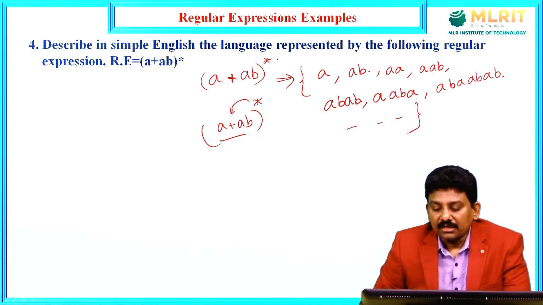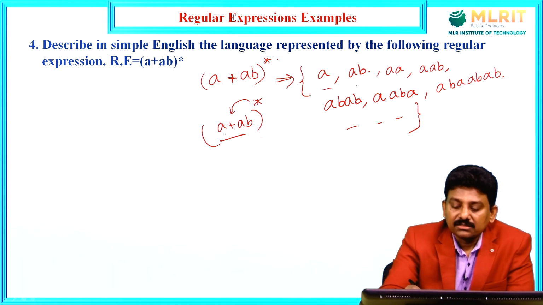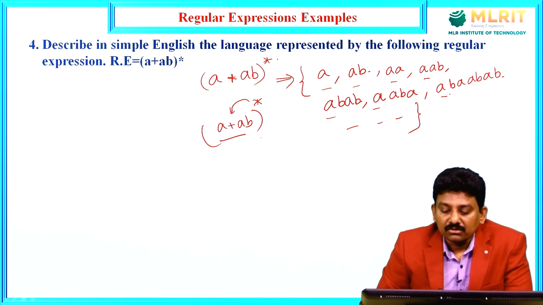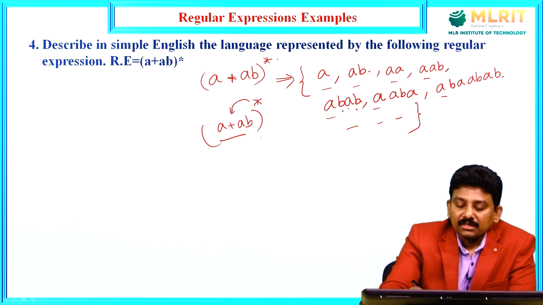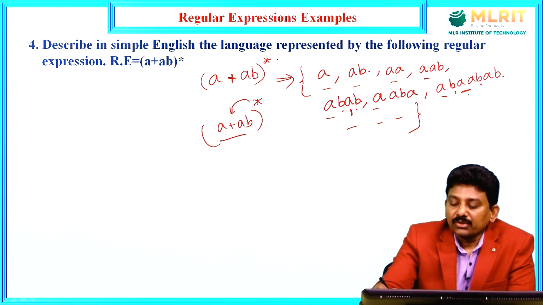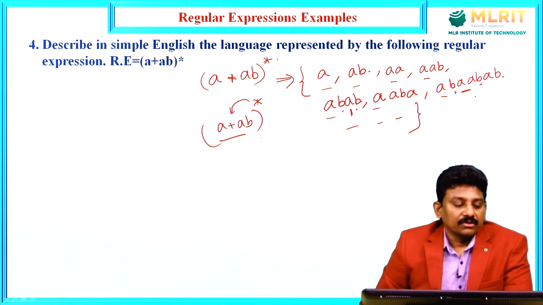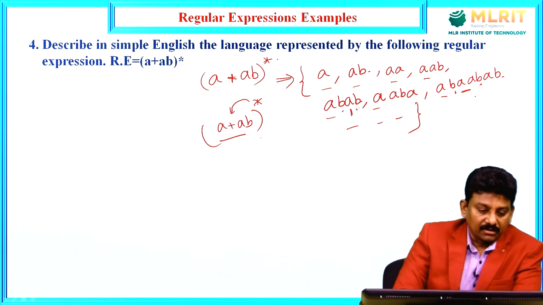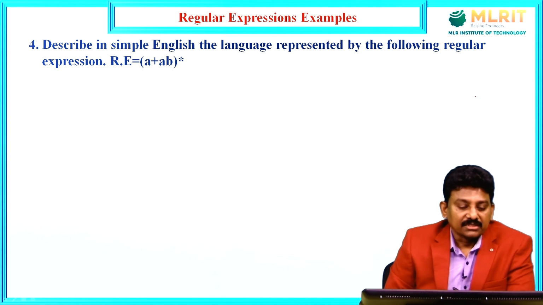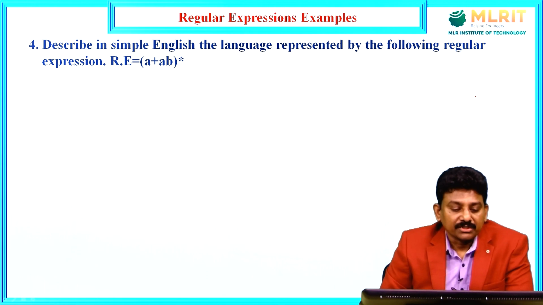Consider all strings beginning with A, but no consecutive B's. Between B and B there is an A, or between B and B there are two A's, like that. So we can describe in English the language represented by the regular expression A plus AB star: the regular expression generates strings starting with A and no consecutive B's.